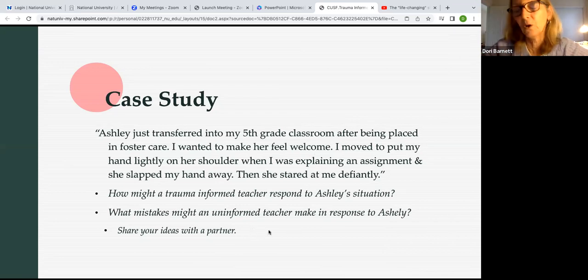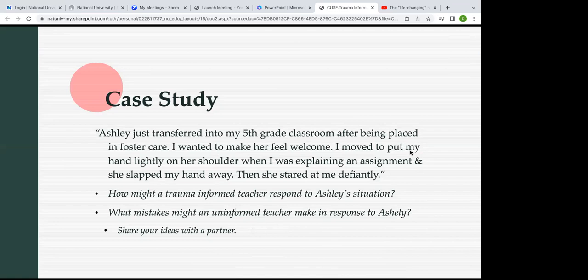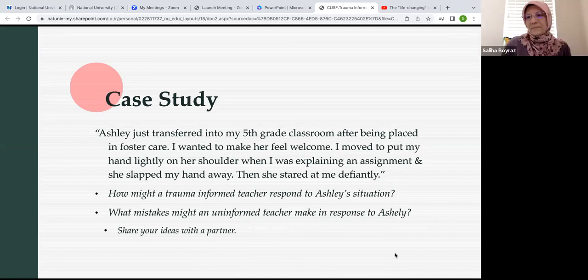In contrast, what were some of the strategies or approaches that a trauma-sensitive teacher would use? How would that person respond to Ashley? I think the teacher should create a chance for her to explain herself, and find out what kind of problem she's facing, and direct her accordingly, like to behavioral therapists, psychologists, or others.